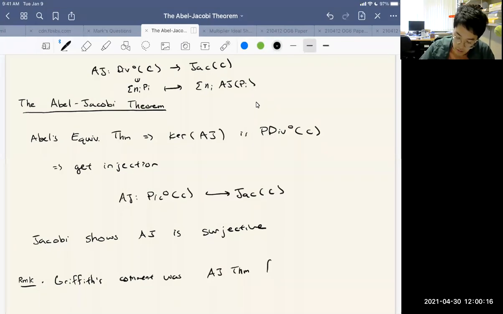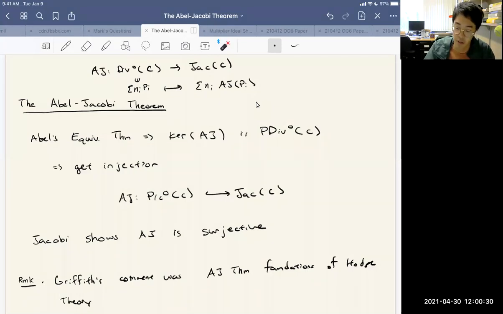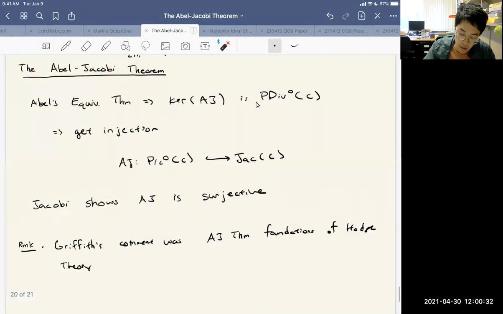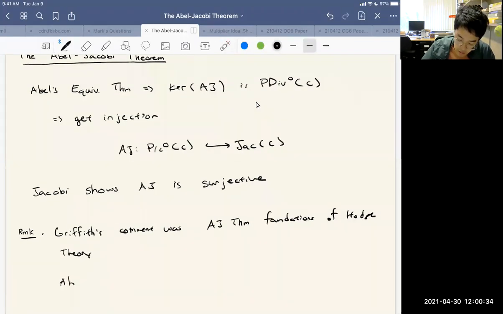Is the foundation of Hodge theory. And his justification for this is that by looking at these integrals of the first kind, Abel is identifying the vector space H0 of C, omega 1C.